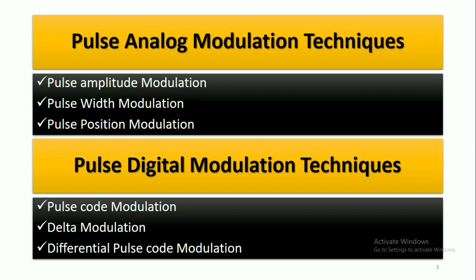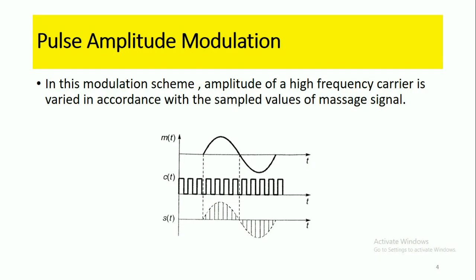Now we will see the pulse analog modulation techniques. The first one is pulse amplitude modulation. In this modulation scheme, the amplitude of a high frequency carrier is varied in accordance with the sampled values of a message signal. Here m(t) is the message signal and c(t) is the high frequency carrier.